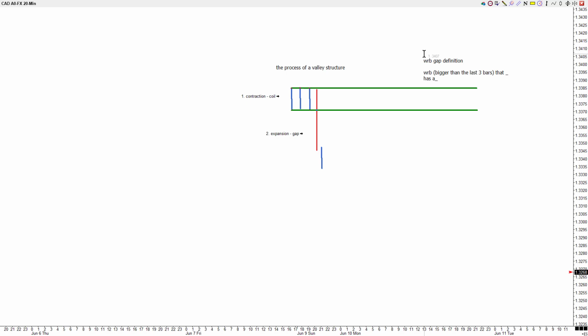That has a space between the previous bar and the subsequent bar. Okay, so let's look. That's this. This is a gap. Okay, see, wide range bar. It's bigger than the last 3.